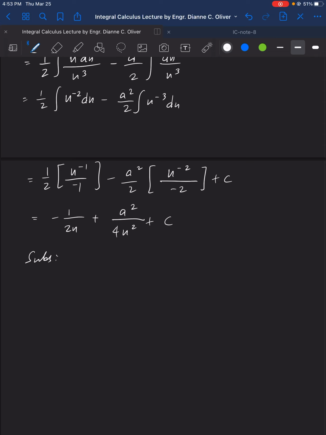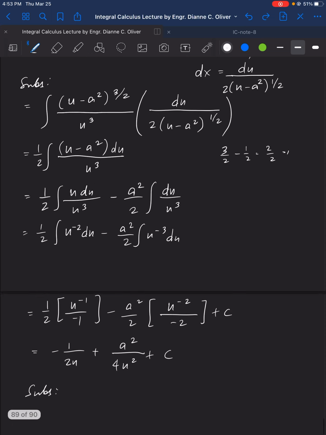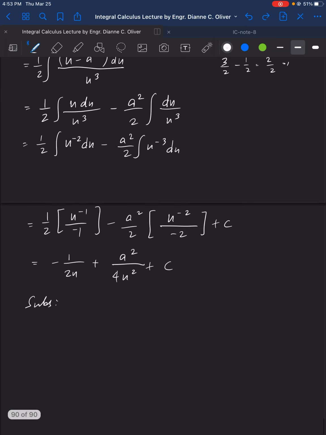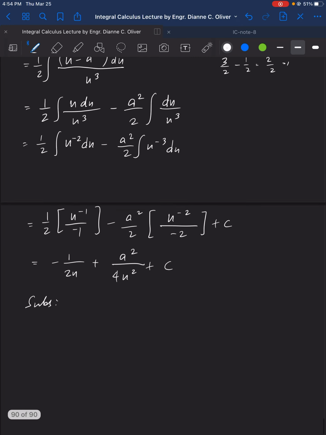Let's substitute again to these values here, especially the u. What's the u again? u is x squared plus a squared.